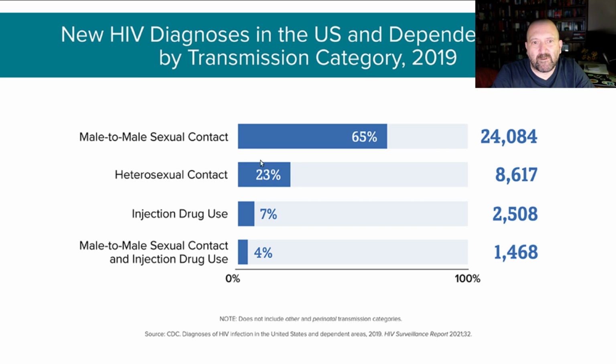Heterosexual contact amounted for about 25%. IDU, so injection drug use, was only 7%. But if you think about how many people are injection drug users, that's quite a high incidence in that group in particular. But you can see that, for example, MSM has a very high incidence here, well, a higher incidence.